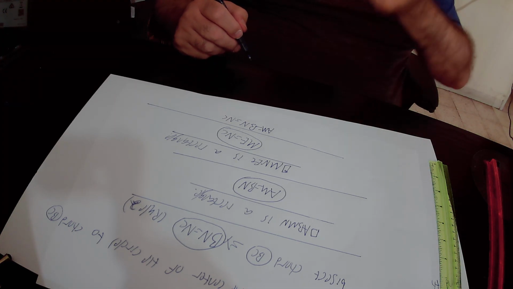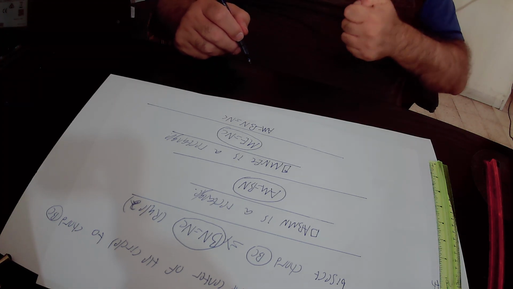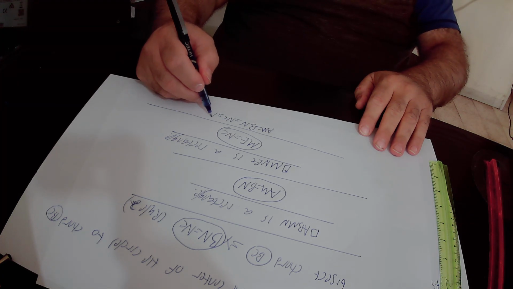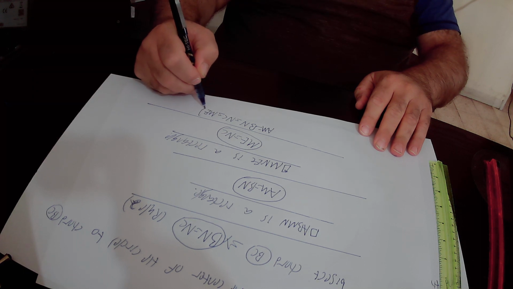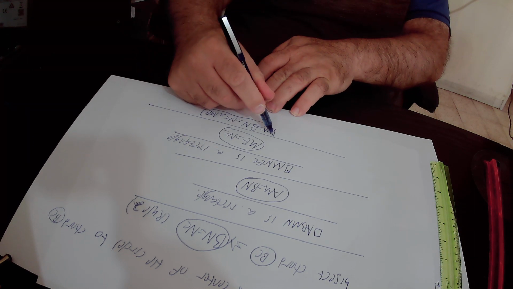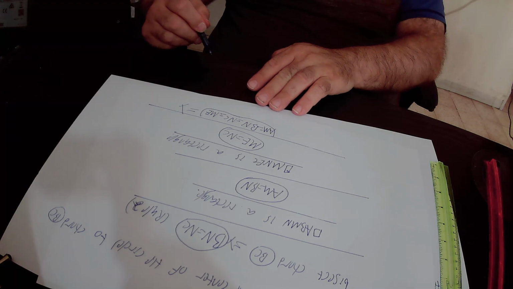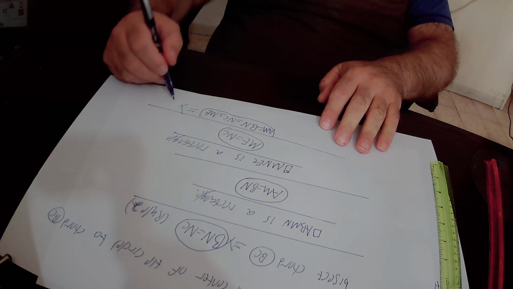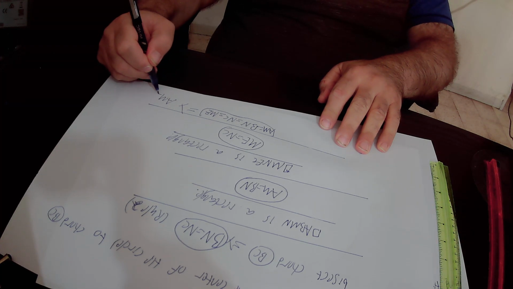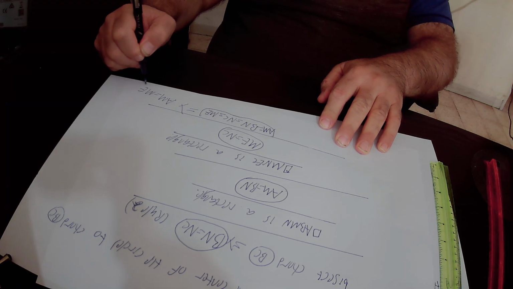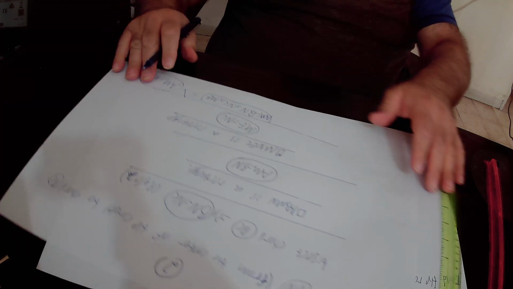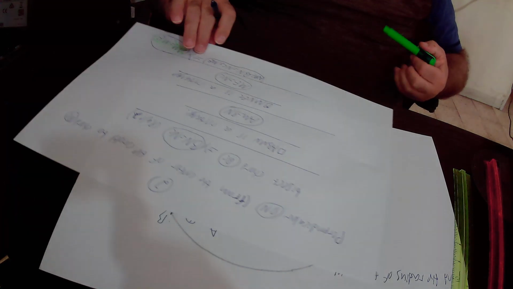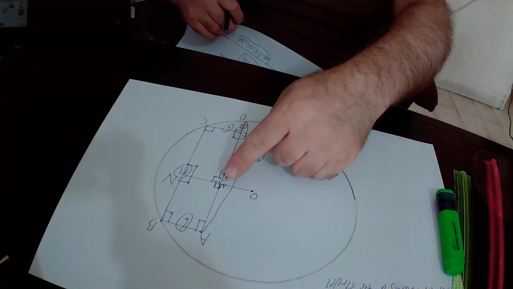And according to the same rule, we found out that NC also equals ME. So we can write here that NC equals ME. From this long equation, AM equals BN equals NC equals ME, we will derive that AM equals ME. That is to say, this side AM equals side ME.